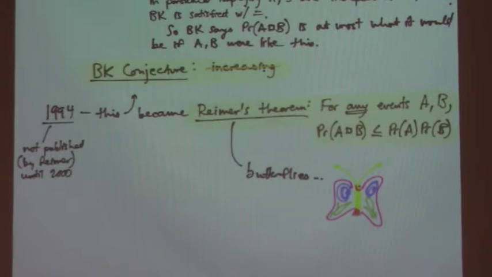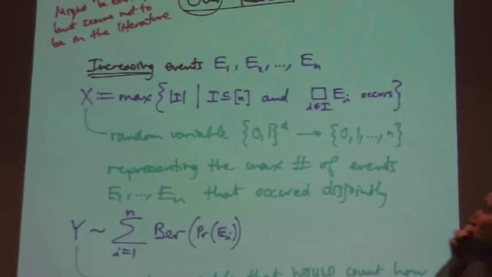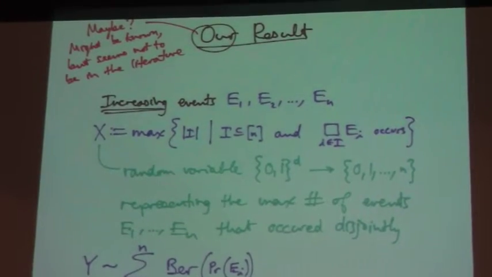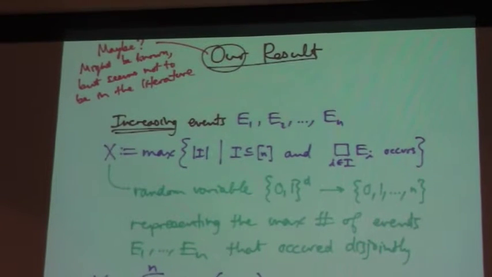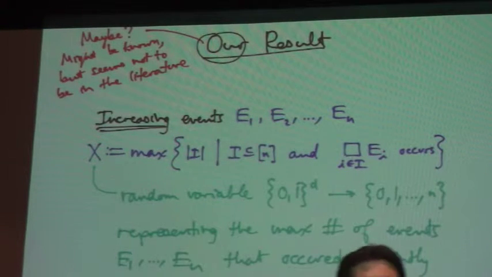Okay, so our results. As far as either of us, Jeff Kahn or I, are aware, it's new, or at least it appears not to be in the literature anywhere.